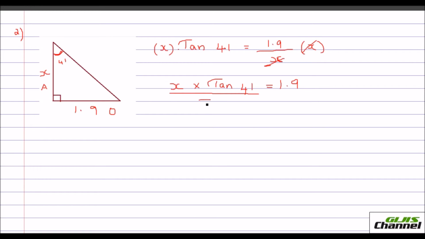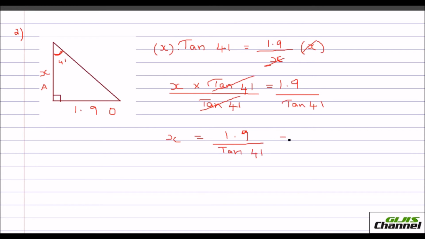For that you need to divide both sides by tan 41. The tan 41 will get cancelled and you get x is equal to 1.9 over tan 41.